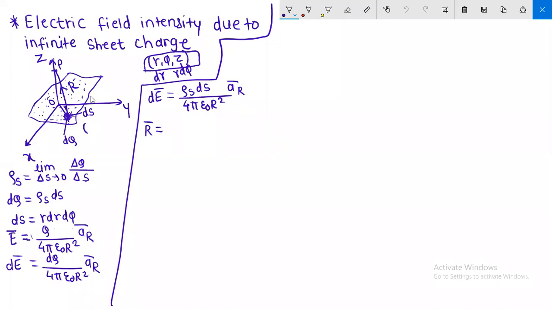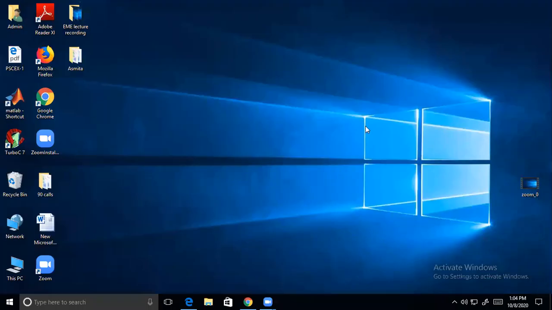First coordinate. Is r present at point ds? Radius? Yes or no? Is r present here?